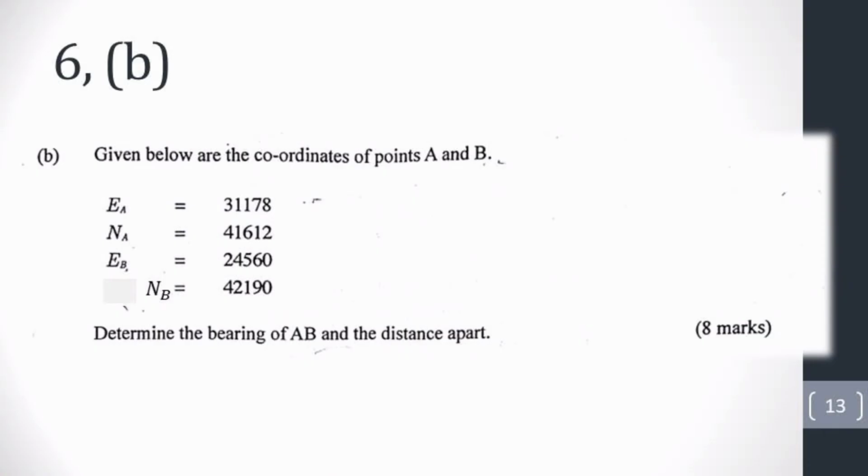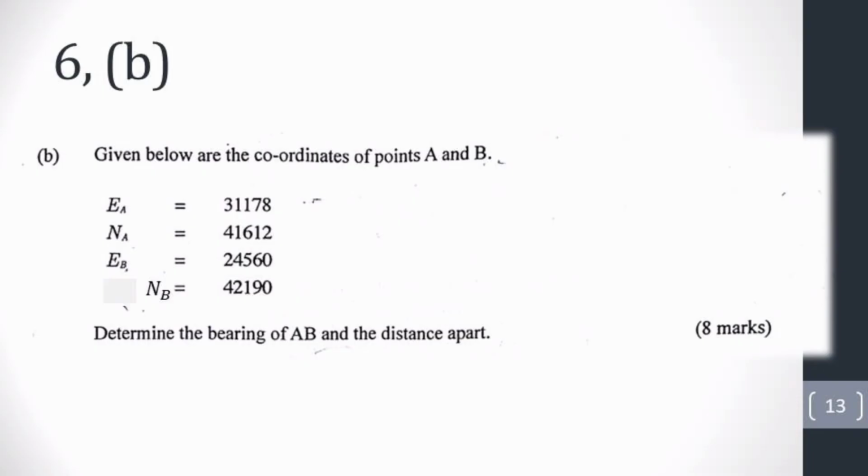Question 6b, we have been asked to get the bearings and the distances of AB. So the question given below are the coordinates of points A and B. We have been given the eastings and the northings there: easting for A, northing for A, easting for B, and I've done the correction there, so the northing for B is given there.